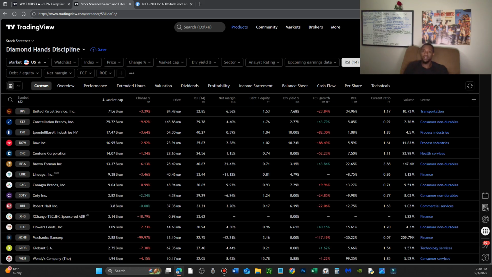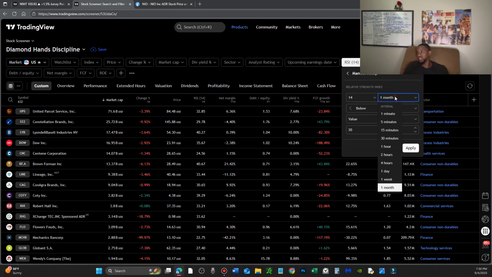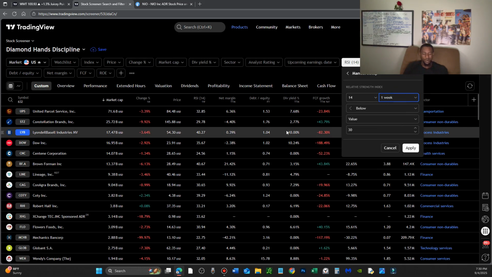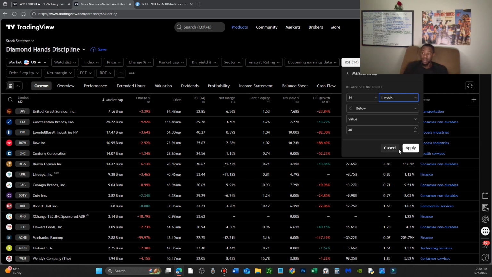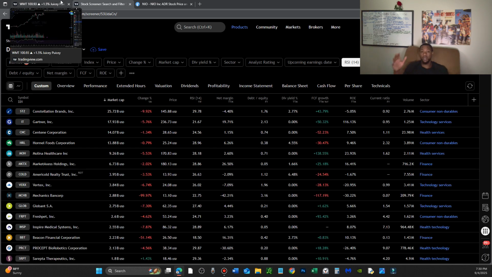Just put 30 and below on the monthly. You can change it to the weekly, you can change it to the daily, you can change it to 1 minute. But listen, the smaller the time frame, the more you're gonna get faked out and the more inaccurate it's gonna be. The higher the time frame, the more accurate you will be able to move, because the more data you have in one candlestick.